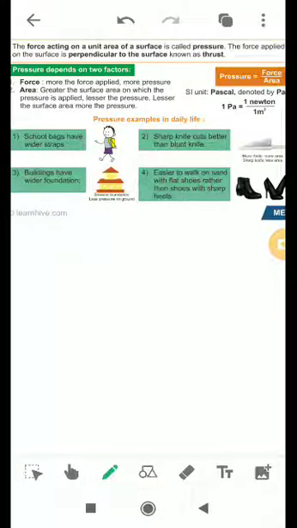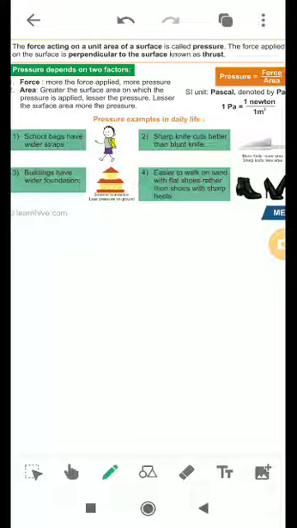Pressure is, by definition, a physical quantity which is defined as the force exerted on a unit area. When a force is exerted on a unit area, then we define it as pressure.